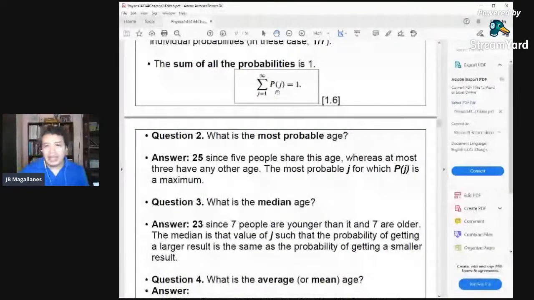So for example, Pj, j starting from 1, supposedly it should start with 0, but p0 is equal to 0, p1 is equal to 0, p14 is equal to 1 over 14, p15 is equal to 1 over 14, and so on. By the way, p of 26 is also 0. So when you add all the probabilities, it should be equal to 1. This is a rule.